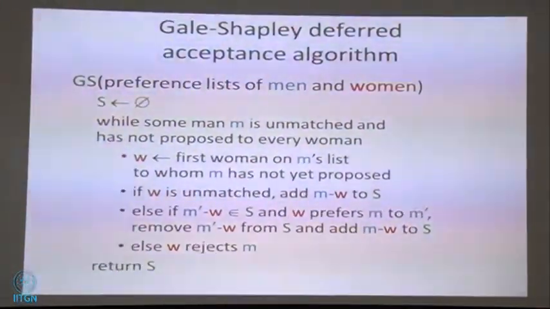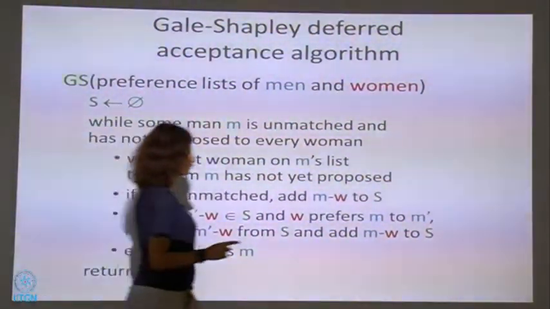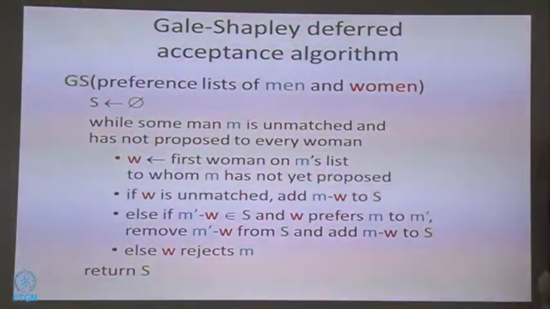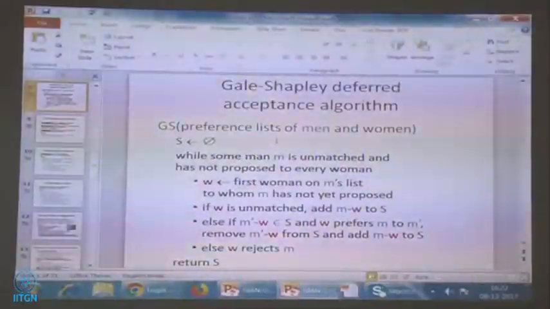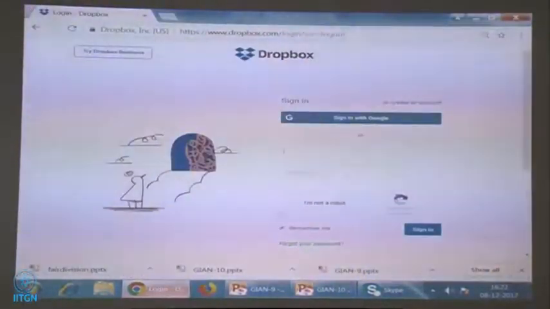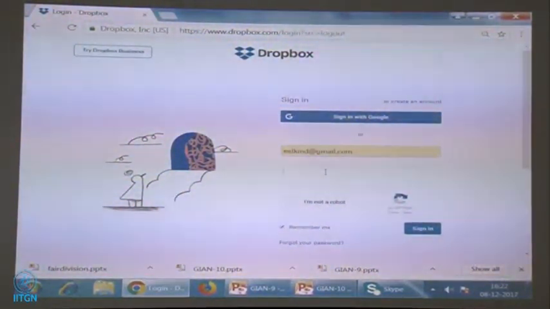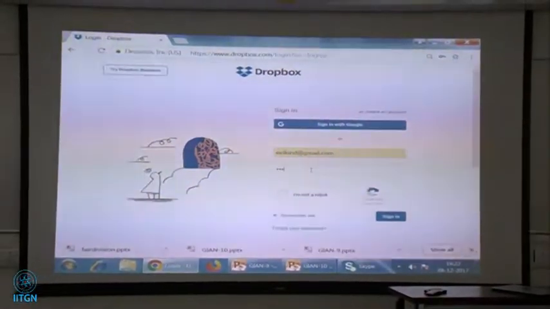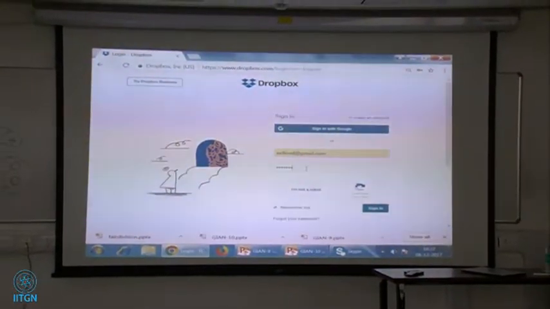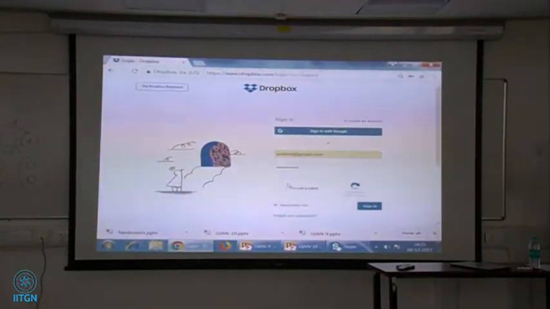Okay, so I actually have a demo which I haven't downloaded yet, but if my Dropbox is still open, so, okay, so anyway, even if it's not, I can do it quickly enough. It's a demo that is worth looking at.